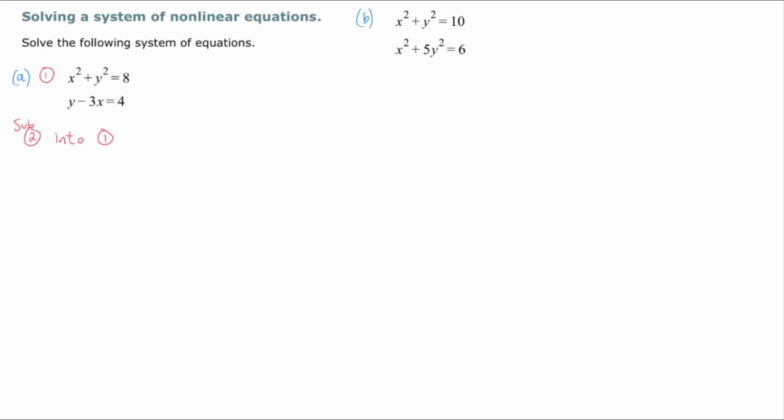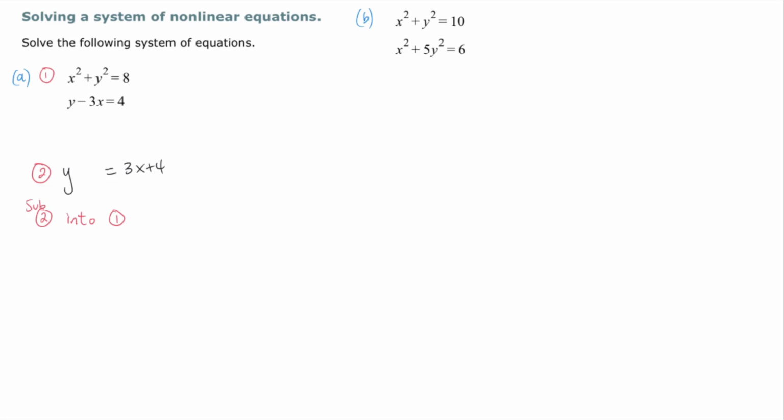I'm going to rewrite the second equation to be y. You can easily see that you could write y by itself, so that would be 3x plus 4. I'm going to call this equation 2, and I'm still going to sub 2 into 1, but now I'm just going to do it a little bit later.